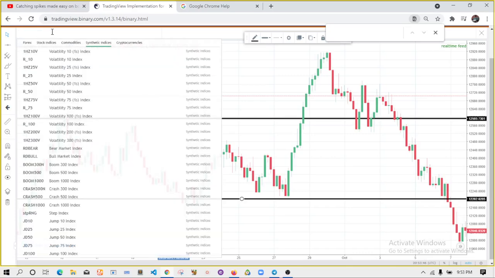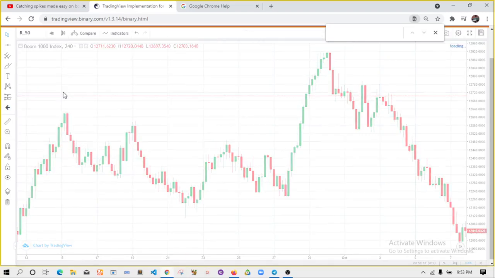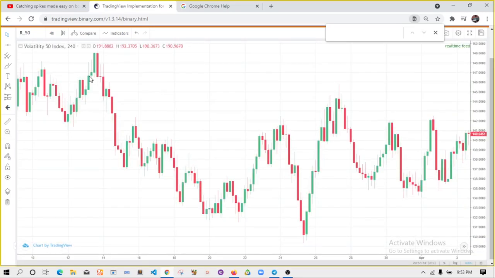So if we should go to volatility, let's say we go to V 75 or 50. Let's go to 50 first. All right, remember this is the 4 hour time frame. When you are checking the trend, it's advisable you go to a higher time frame. All right, you go to either the daily time frame, 4 hour time frame, or 1 hour time frame.